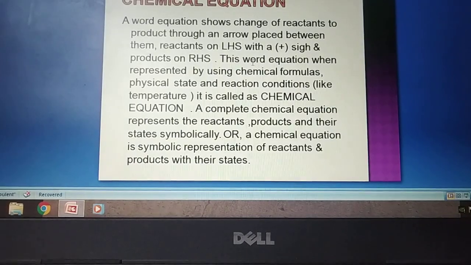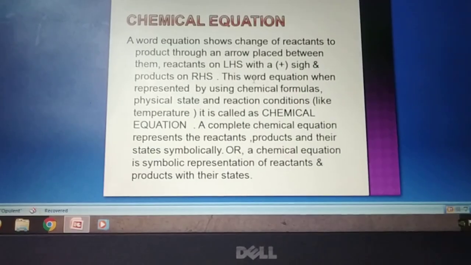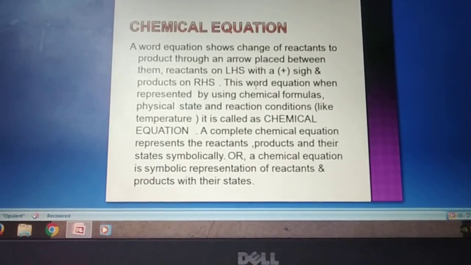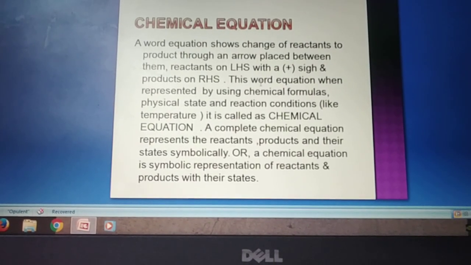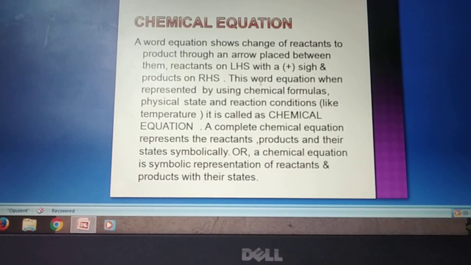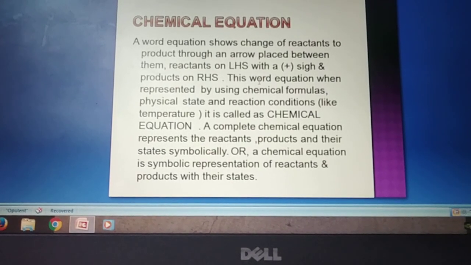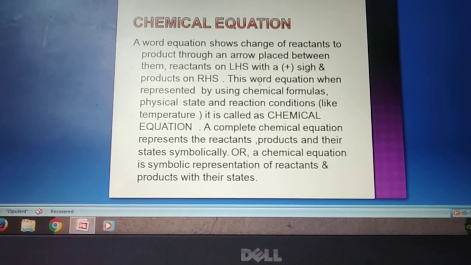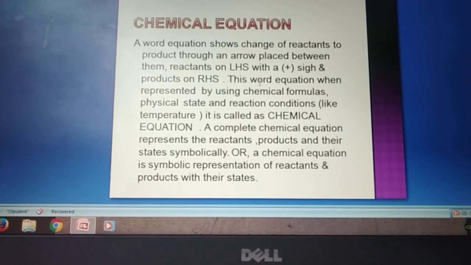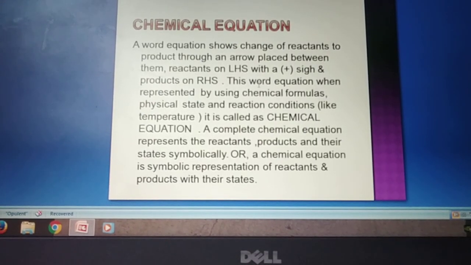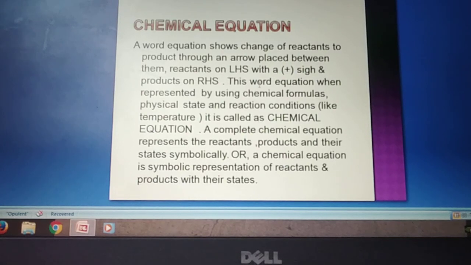Then what is a chemical equation? A chemical equation is simply the representation of the reaction taking place. These substances are written in chemical symbol form, with an arrow which is called "gives us".